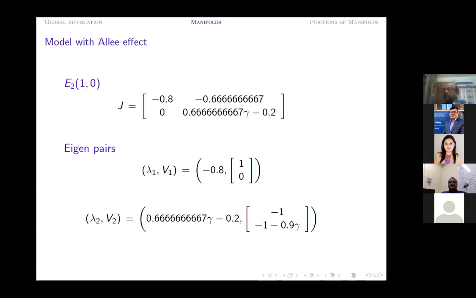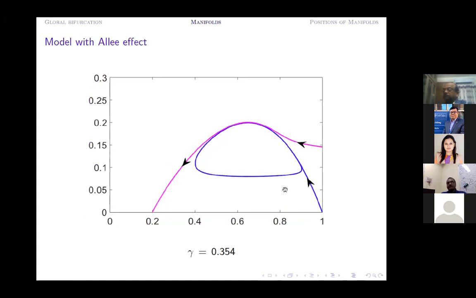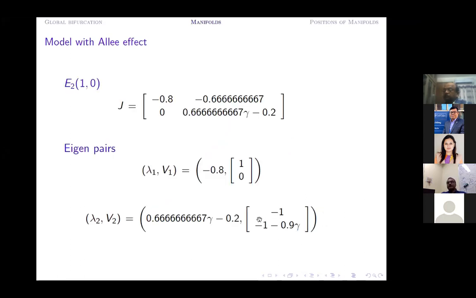The equation of the unstable subspace will be y minus 0, because the equilibrium point is (1, 0), equal to m times (x minus 1). m is the slope of the tangent to this particular unstable manifold. That is exactly equal to the slope of the unstable subspace. So what will be the slope of the unstable subspace? The slope will be W2 by W1.